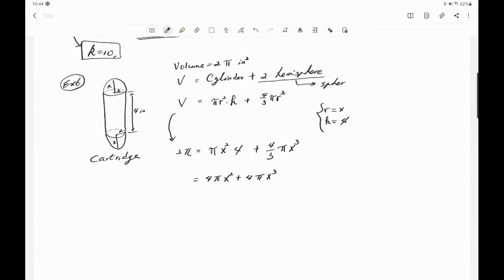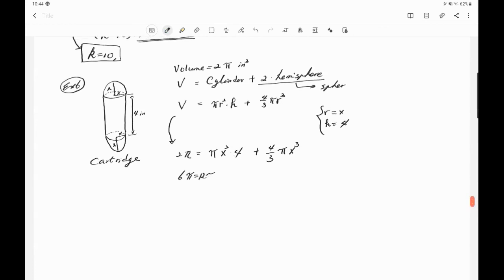So let's multiply everything by 3. Then there will be 6 pi equals 3 times 4 is 12, so 12 pi x squared plus 4 pi x cubed.